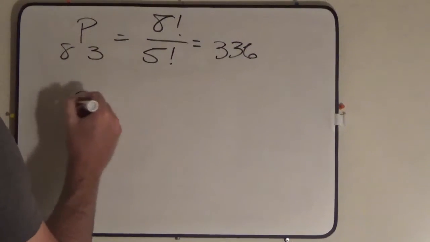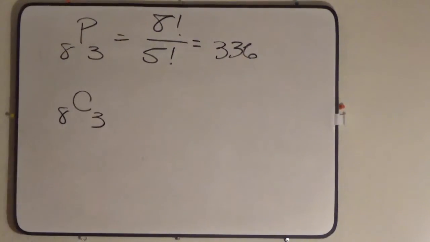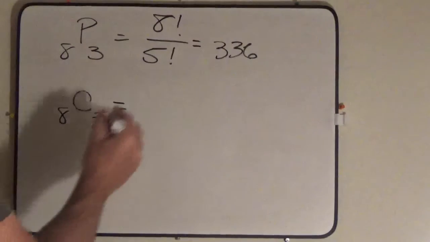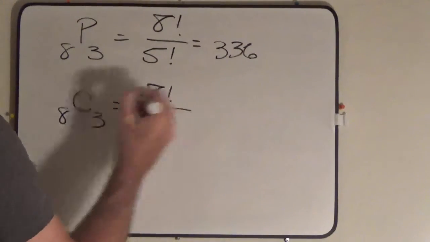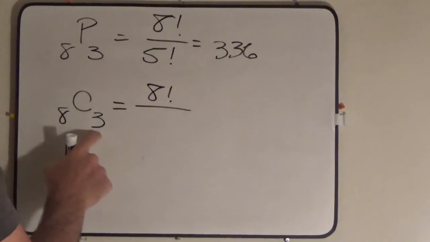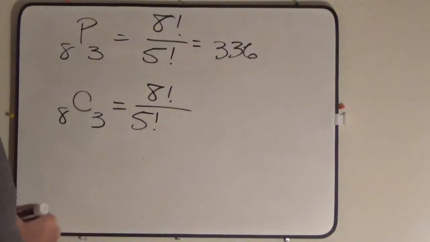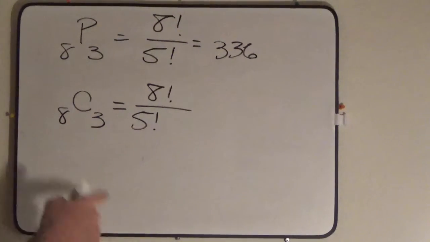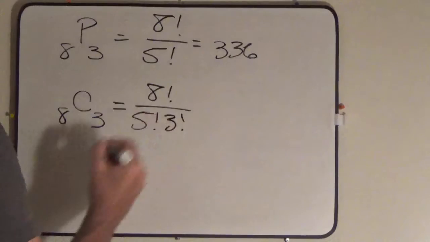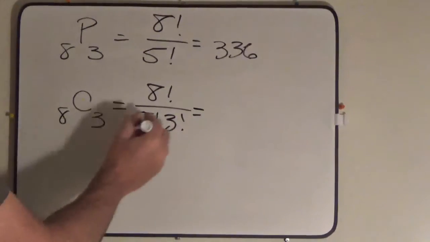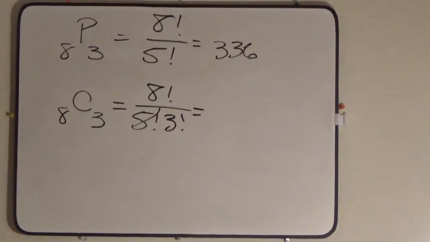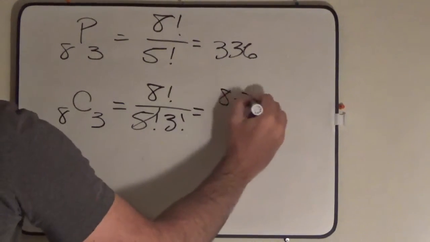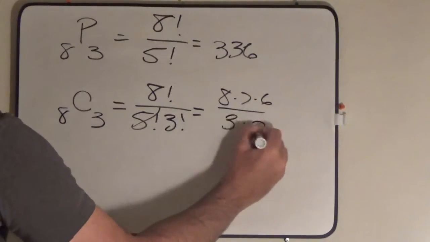So my combination is also 8 people with 3, and we would have 8 factorial over 8 minus 3, which is 5 factorial. And since it's a combination, we need 3 factorial again. When we solve that, you don't have to carry 8 down past 6, so 8 times 7 times 6 over 3 times 2, right?